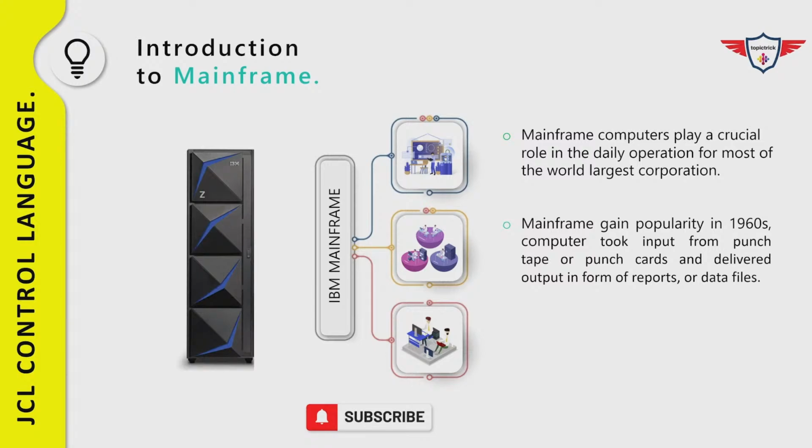Now the question is, when did mainframe computers come into existence? The origin of mainframe computers dates back to the 1950s. In those days, mainframe computers were not just the largest computers, in fact, they were the only computers, and very few businesses could afford them.